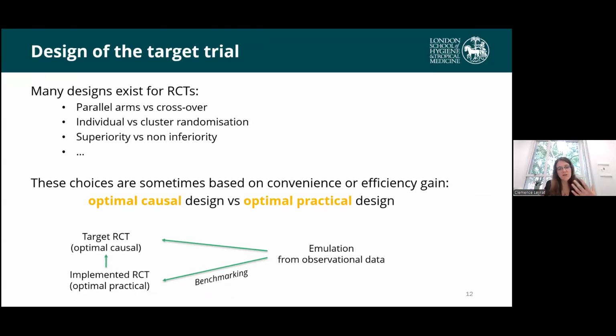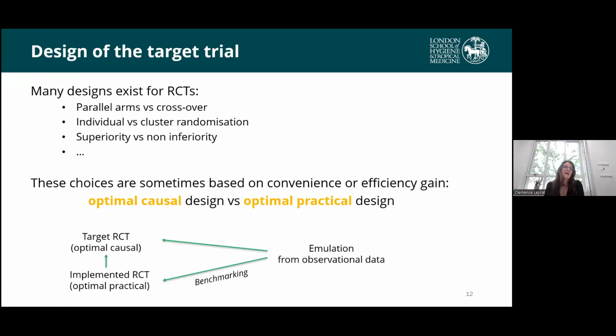But when we use benchmarking, so when we try to emulate a trial to reproduce the result of an existing trial, actually maybe this existing trial is the optimal practical design. And so sometimes we have a difference between the trial that was published and the optimal causal target. And it's not really a problem, but to decide what we can or cannot emulate and with which design, we have to think about this distinction.